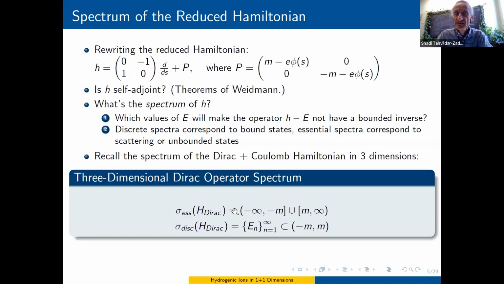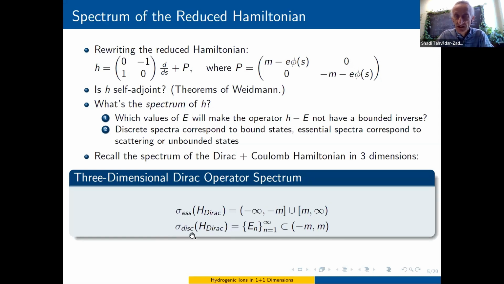Now, if we do the same thing in 3 dimensions, as I said, the problem in 3 dimensions is very well understood. The Dirac operator has a certain essential spectrum, which is the real line, except for the interval from -m to m, where m is the mass of the electron. These are in units where the speed of light is equal to 1.